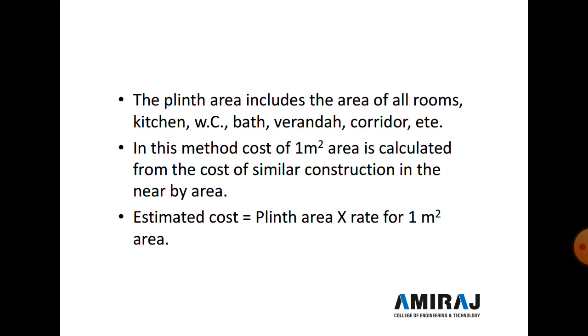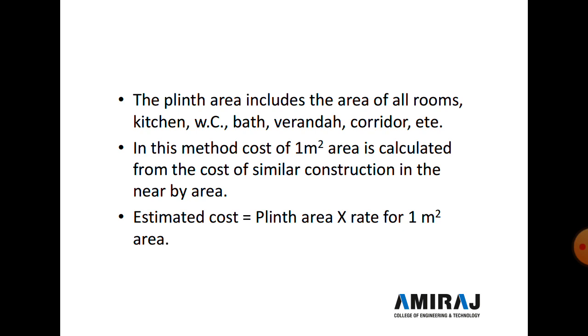Here the total plinth area is 400 square meters, and the rate per square meter is 10,000 rupees. So 400 multiplied by 10,000 rupees gives the estimated cost of the particular 3 BHK bungalow.